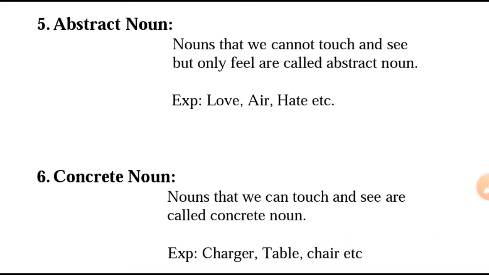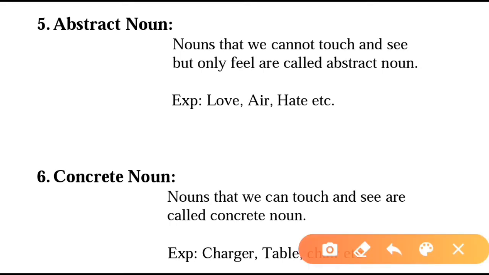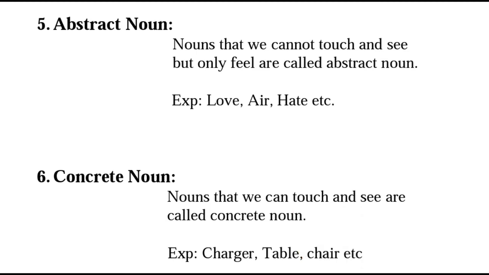You can touch the charger, you can touch the table, you can see the table with your eyes, you can see the chair. So if you are able to touch and see it, you can call it a concrete noun.